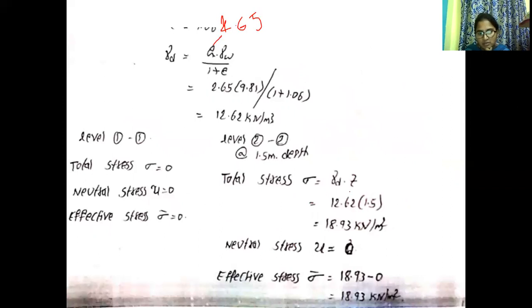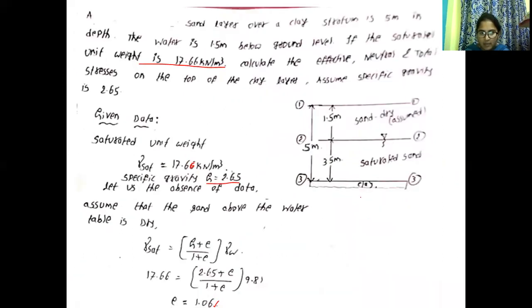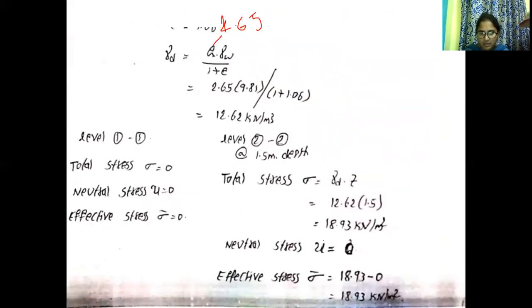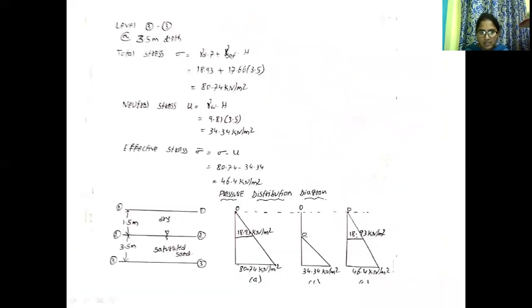For the first layer, it is a particular layer, so unit weight multiplied by depth. The first layer is gamma d into particular depth Z, that is 1.5. And the second one is gamma d into Z plus gamma sat into H, that is the third layer.